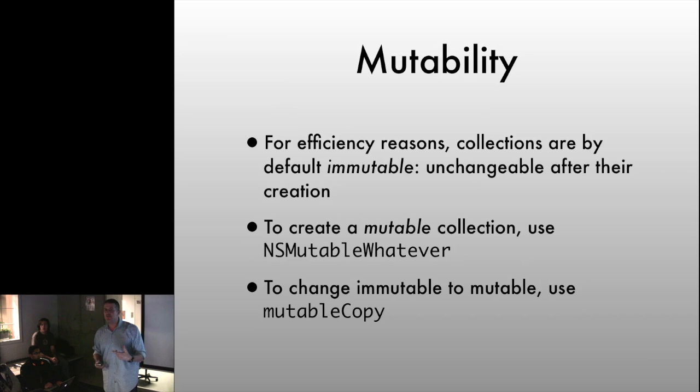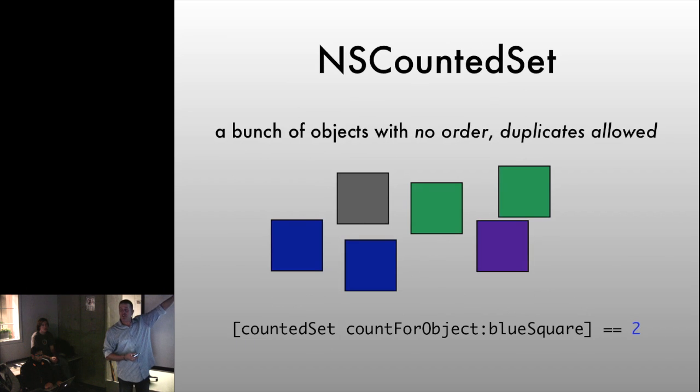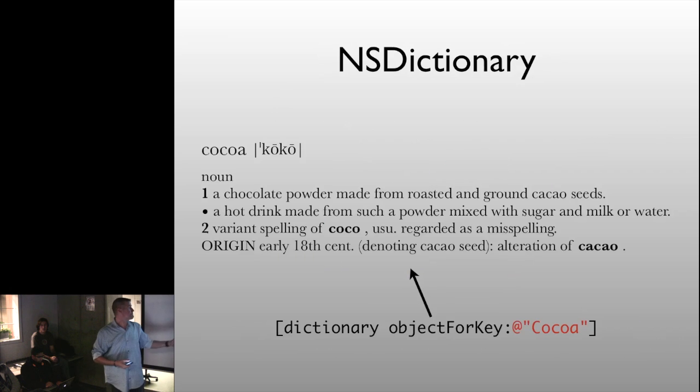The way that you do that is just simply inserting the keyword mutable in between NS and the collection type. So, for instance, NS counted set is an immutable collection of objects. NS mutable counted set is a mutable collection of objects.